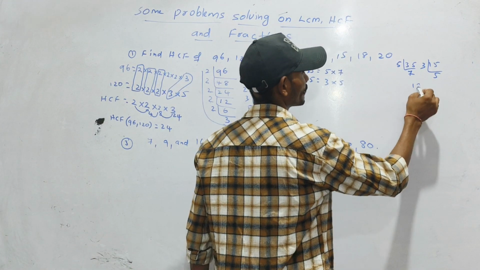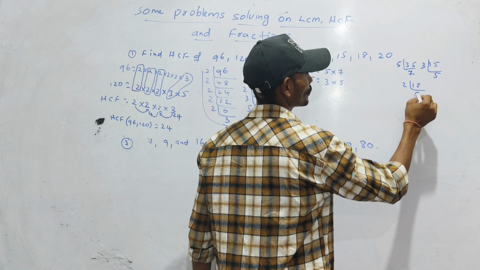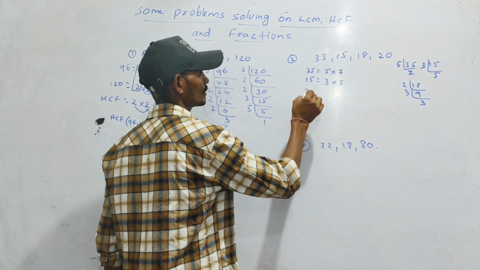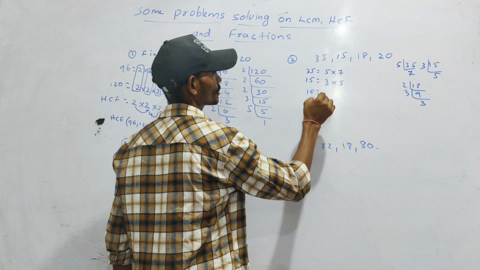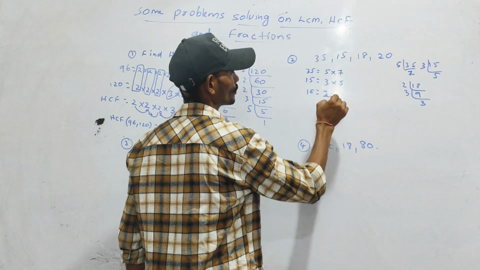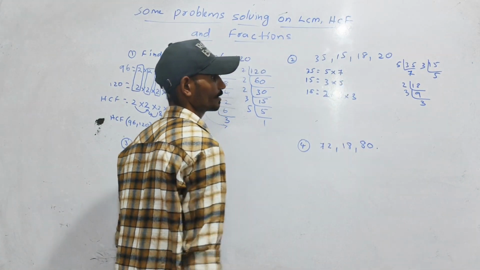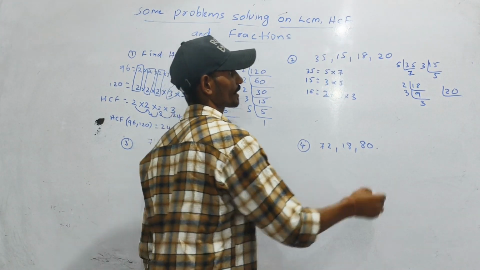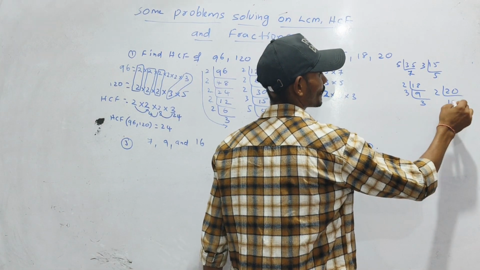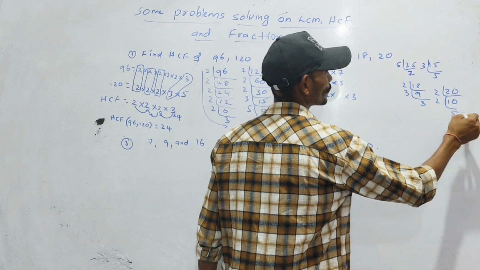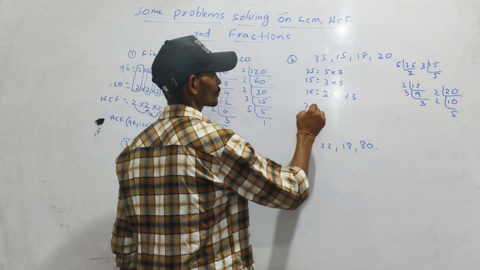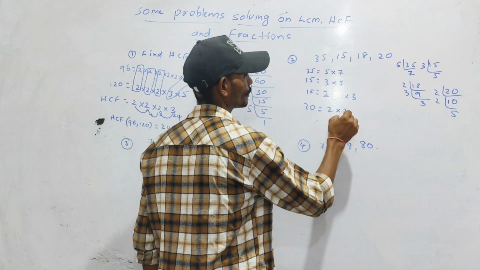Next 18. 18 is 2 9s, next 3 3s, so 18 is equal to 3 into 2 into 3 into 3. Next 20. 2 10s, next 2 5s. So 20 is equal to 2 into 2 into 5.